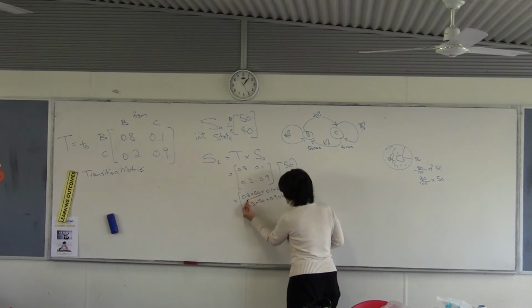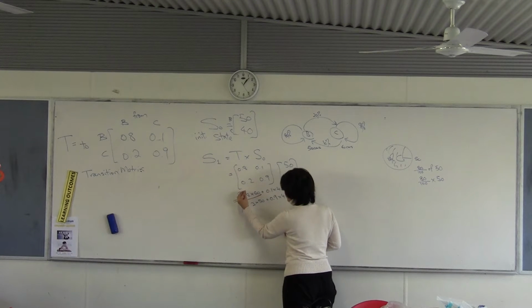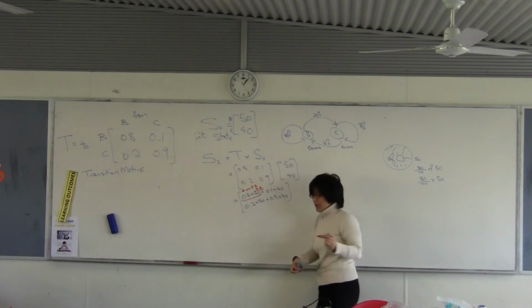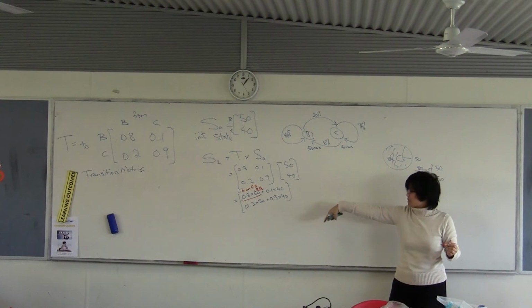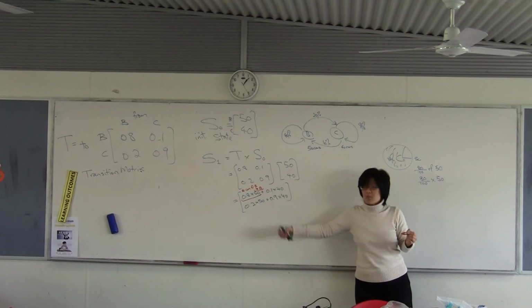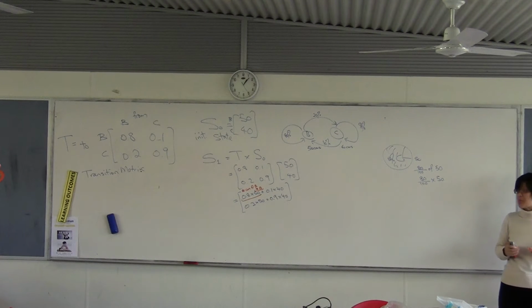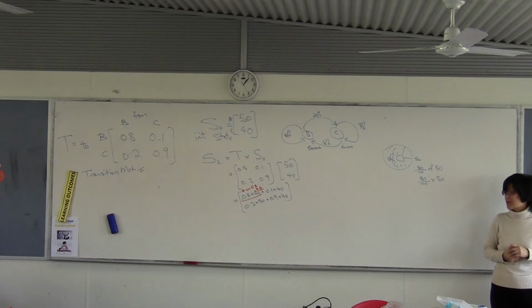This value represents the number of cars from Bendigo returned to Bendigo. What's 0.1 times 40? What does that number represent? Eric?